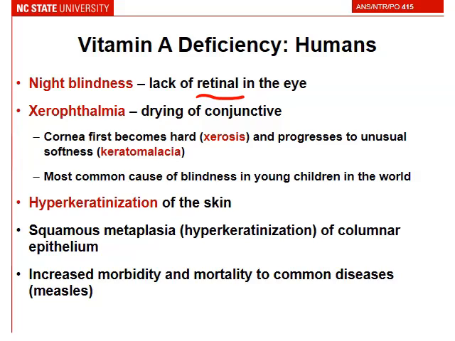So this is the drying of the conjunctive tissue within the eye. Basically, first our cornea becomes very hard, so you have xerosis, and then it progresses and becomes very soft, so you get keratomalacia. The epithelium within the eye is usually columnar.